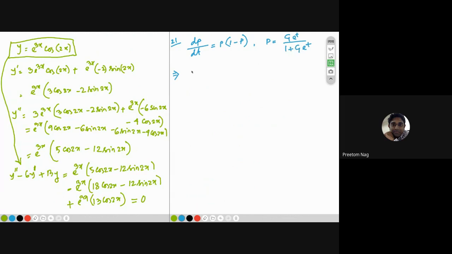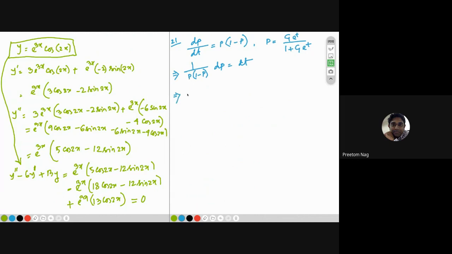Okay, let's try it this way. From here we will see whether we can get this solution or not. If we write 1 by p into 1 minus p dp equals dt, how can we solve this one?